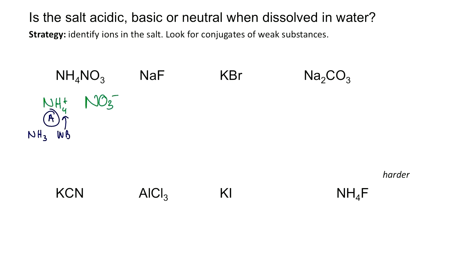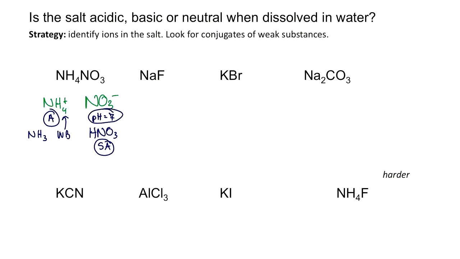So we're going to add a proton back to that nitrate, and what do we get? HNO3. What kind of acid is that? This is a strong acid. So if nitric acid is a strong acid, what does that make nitrate? pH neutral. So nitrate is pH 7.